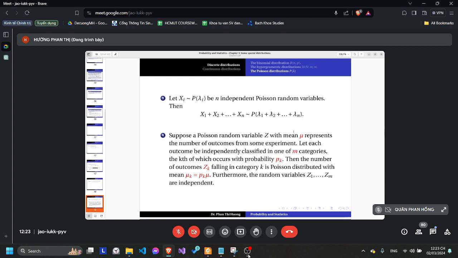If the first one allows you to take the sum of n independent Poisson distributions, then the second property allows you to split one Poisson distribution into several Poisson distributions.